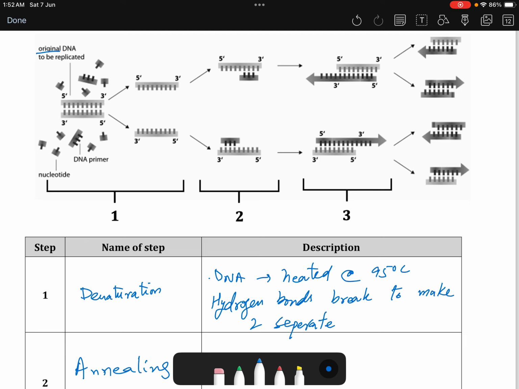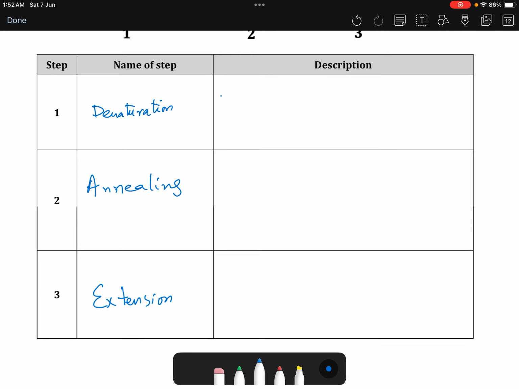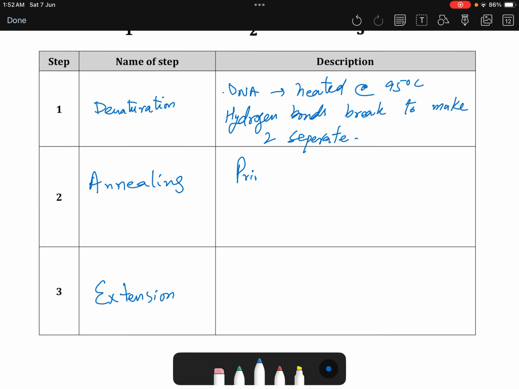What happens in step number 2? The primers bind, right? So primers join with the template strands at, let's say, 55 degrees Celsius. Any temperature you can write, 55, 56, 57, but don't go beyond 65, and don't go below 50. So this is how it binds. And you can also say that the polymerase binds over here.